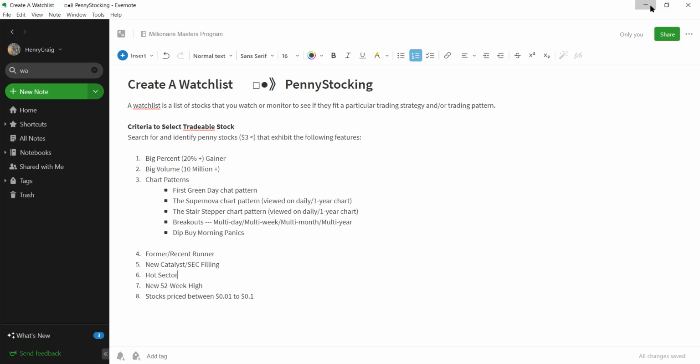All right, let's see if ASTI is a recent runner. Yes, it is. All right, first green day here, spike for 3 days, pull back, and it's now spiking. So ASTI is also a recent runner.